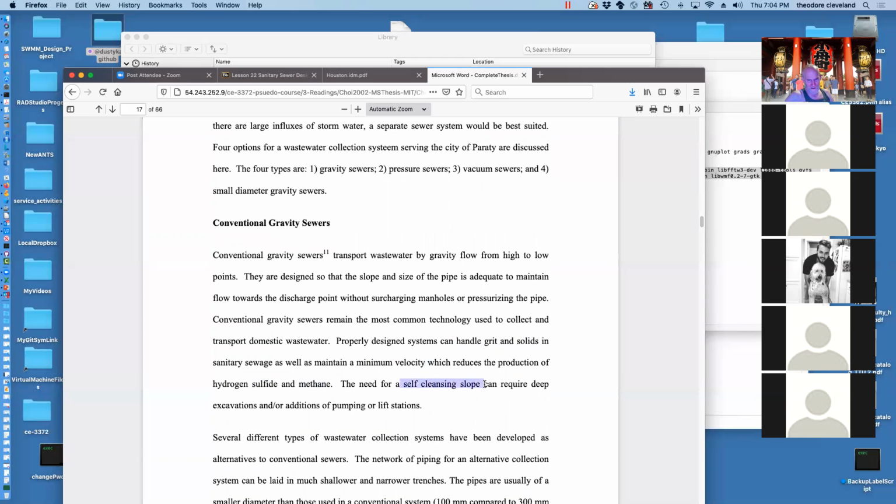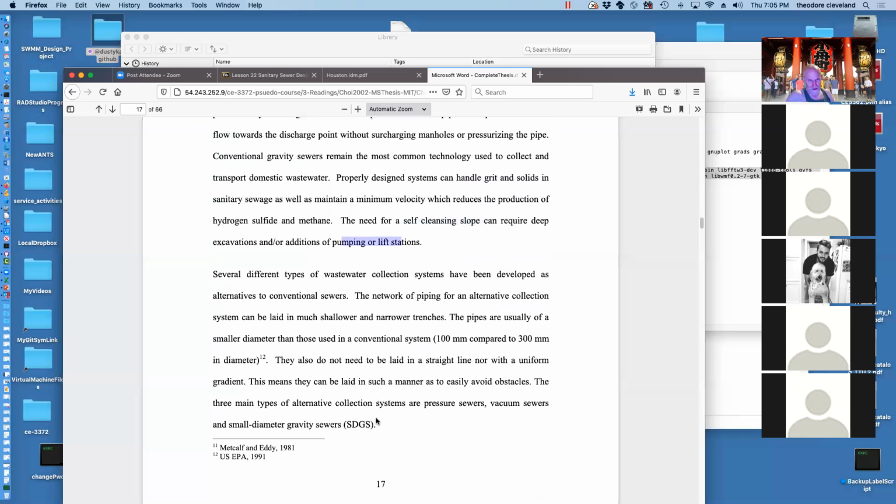The self-cleaning slope can require deep excavations. In the US, there's a limit on that. I think it's 20 or 24 feet maximum excavation depth for a sewer. Then you're getting into some pretty exotic work, or lift stations along the way. So to maintain self-cleaning, we often have to put lift stations in anyway.